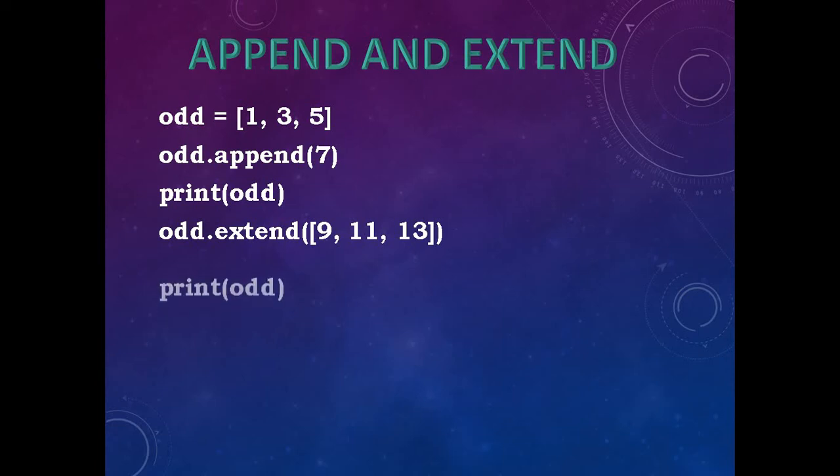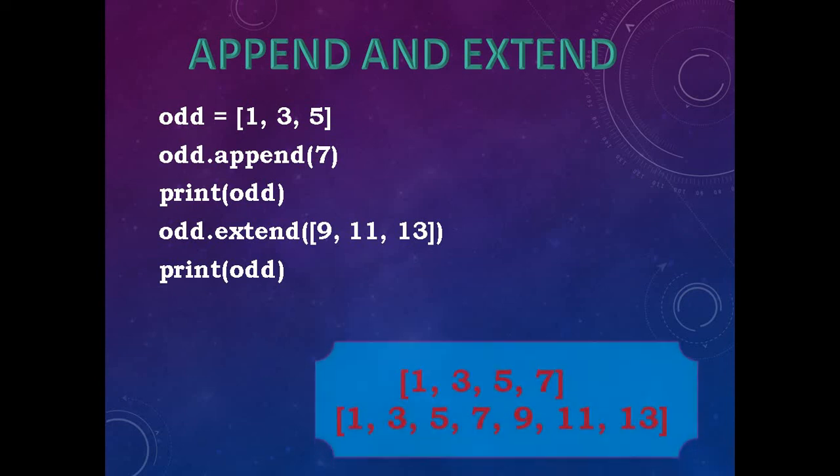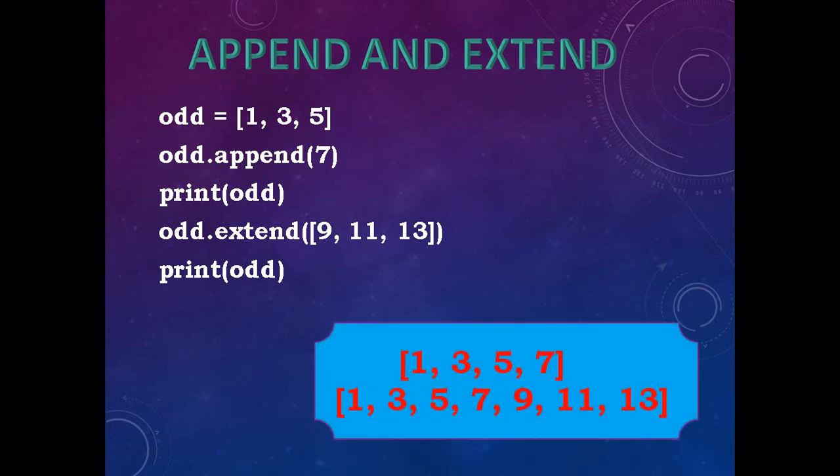Then I am printing odd. Odd is the list, and we will now see the output. We are displaying the output 2 times. The first time, print odd gives the values 1, 3, 5, 7. And the second time you get the numbers 1, 3, 5, 7 along with 9, 11 and 13 also.